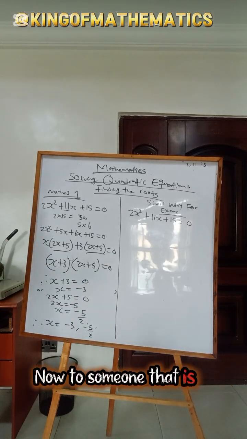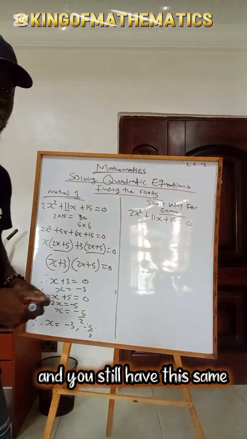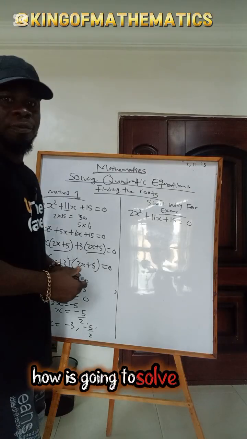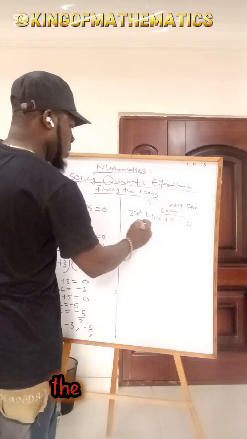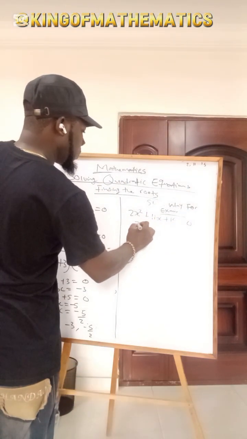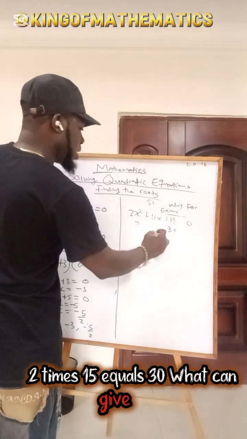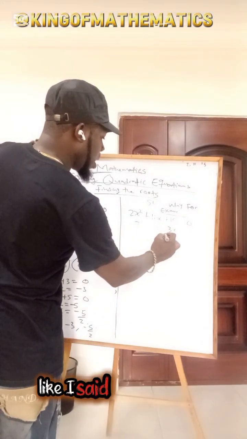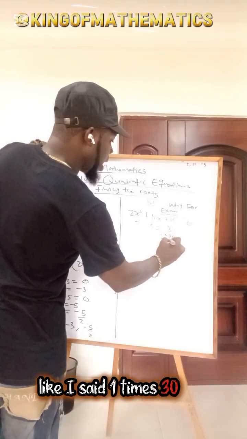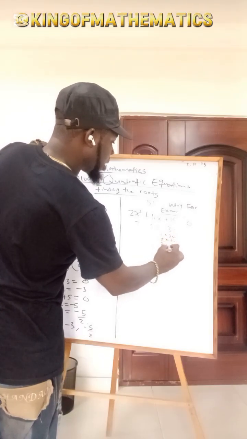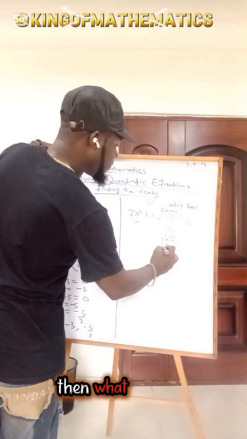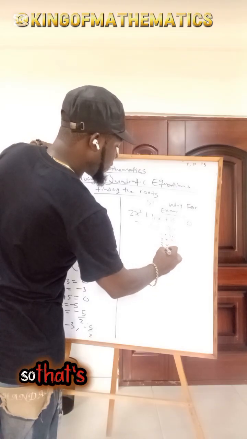Now, for someone that is in an exam and they still have this same question, how they are going to solve it is this way. The same way, 2 times 15 equals 30. What can give us 30? Like I said, 1 times 30, 2 times 15, 3 times 10, then 4 cannot go, so that's 5 times 6.